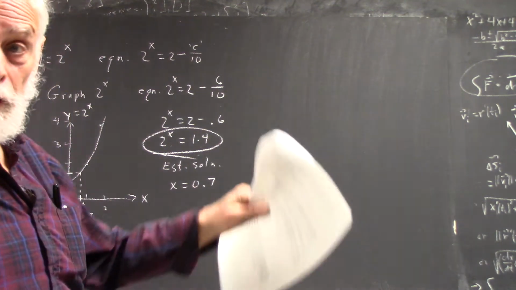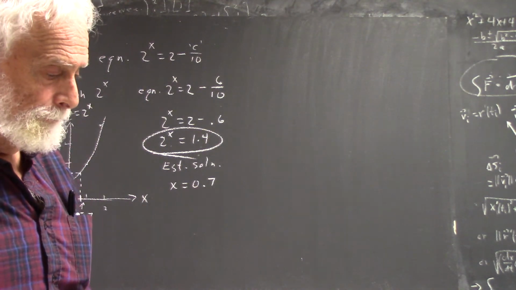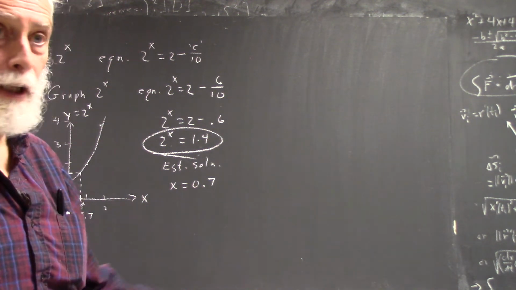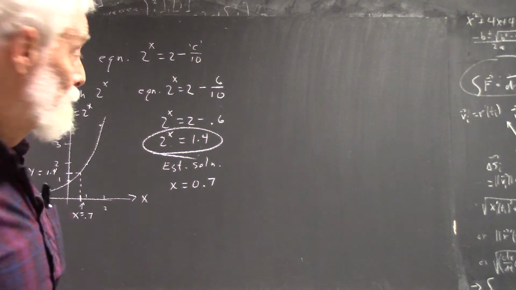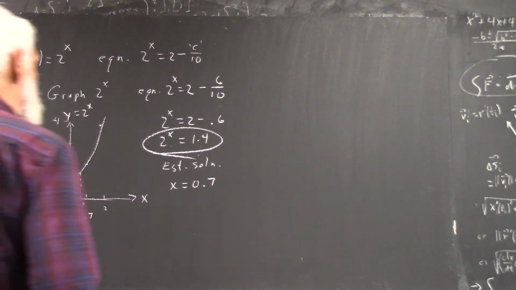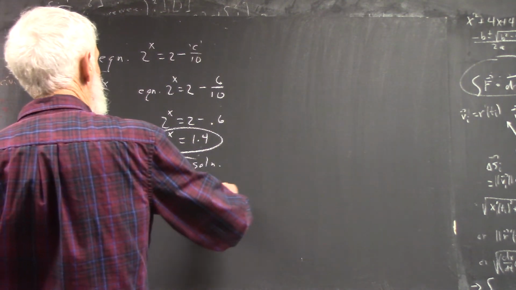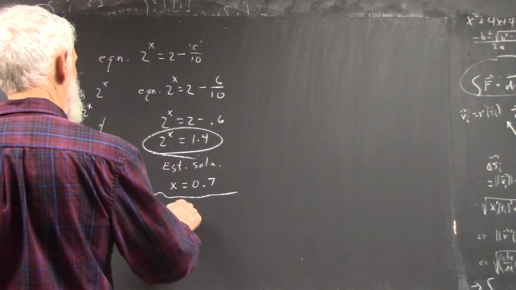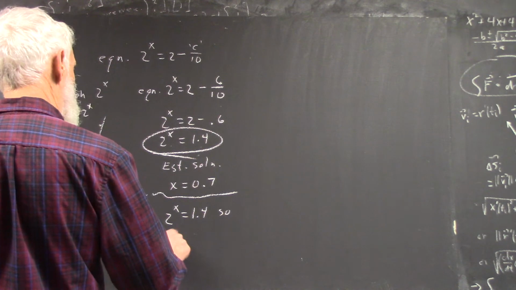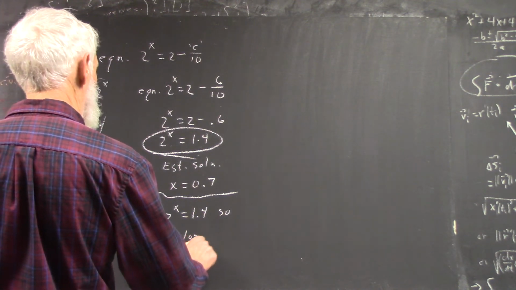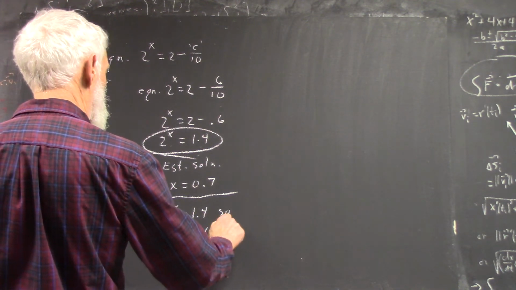Now, it also tells you to solve the thing, I think. Solve the thing and see how close you were, right? Okay, so now we got to do, okay, now 2 to the x equals 1.4. So x equals log base 2 of 1.4.